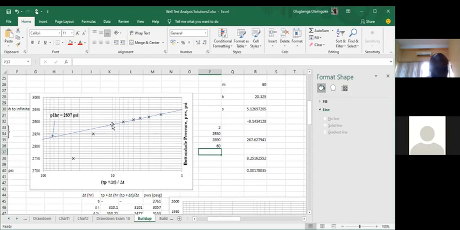Here, this is 2890. But here, you stick on the straight line, and this takes you to about 2830. So you find the difference between 2890 and 2830. That gives you a slope of 60 psi per log cycle.